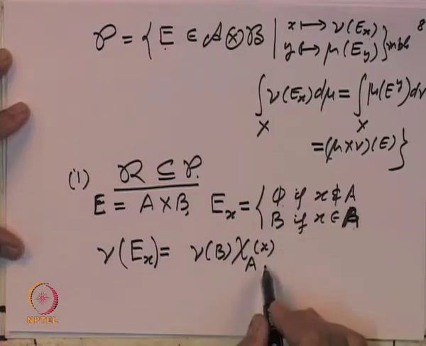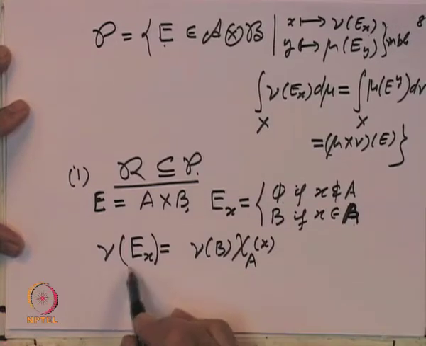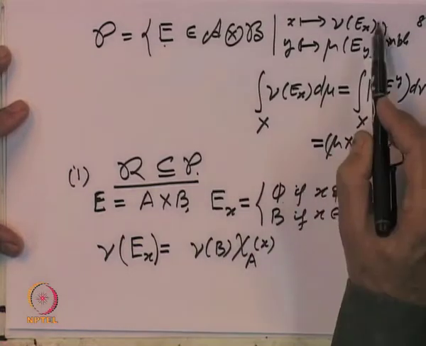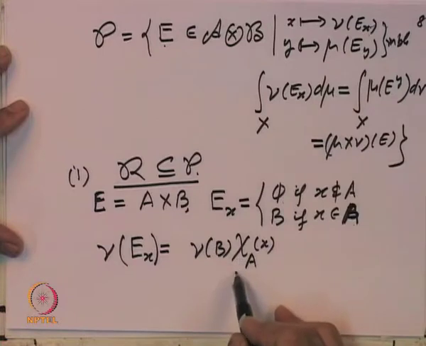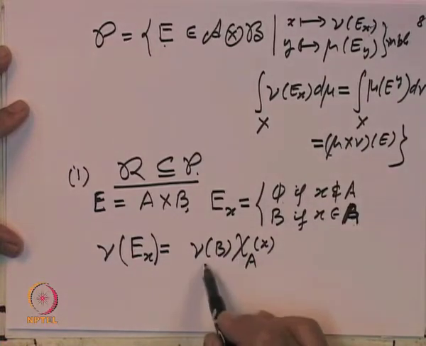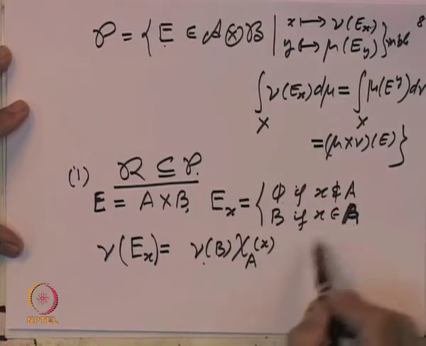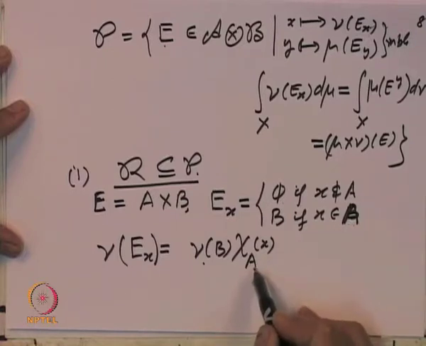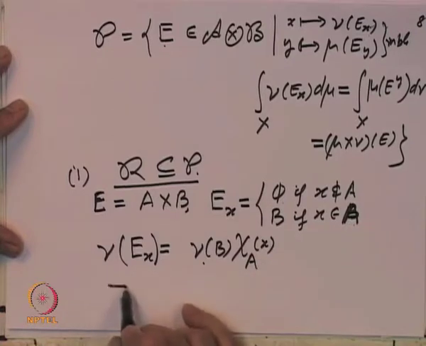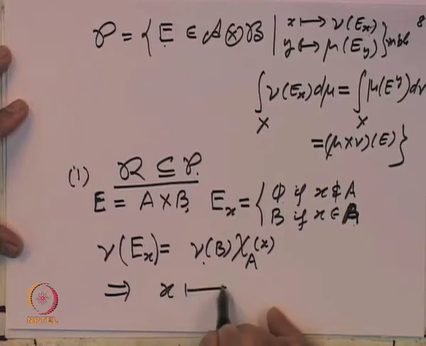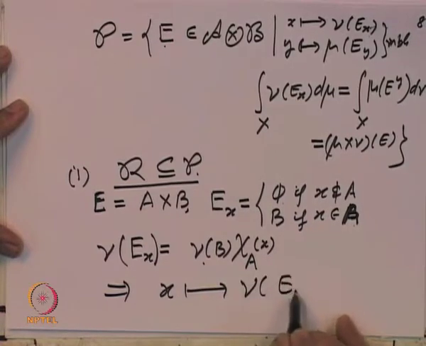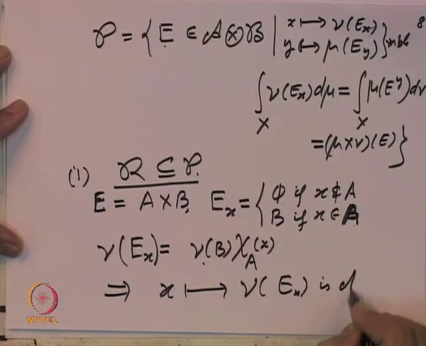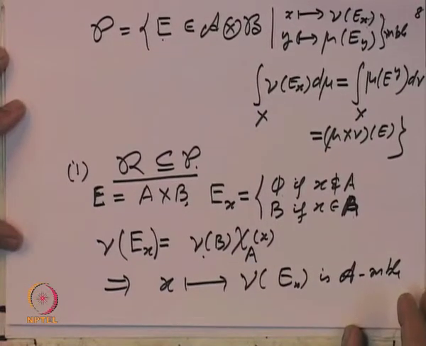So, nu of E x, which we want to show is measurable, is nothing but a constant times the indicator function of a set in the sigma algebra. A is in the sigma algebra, so that implies that x going to nu of E x is a measurable function.